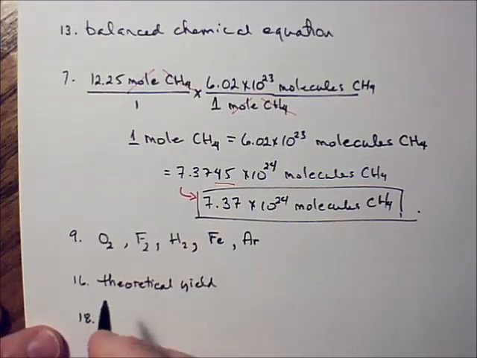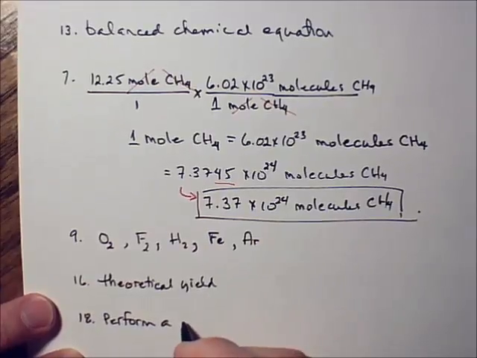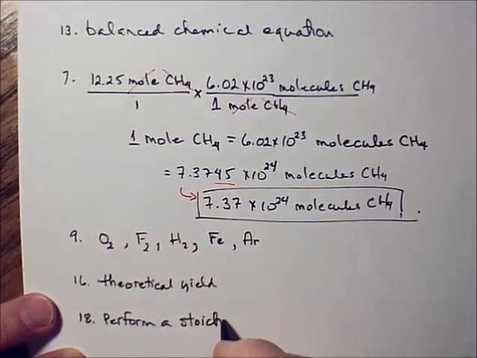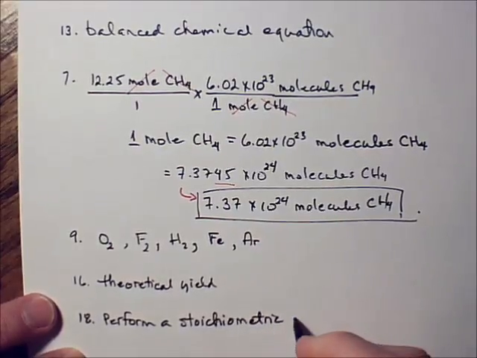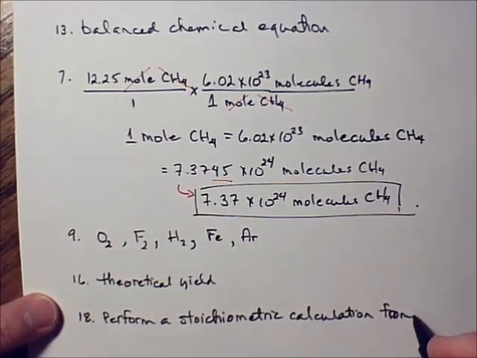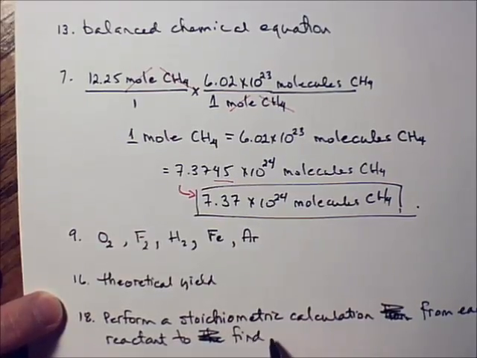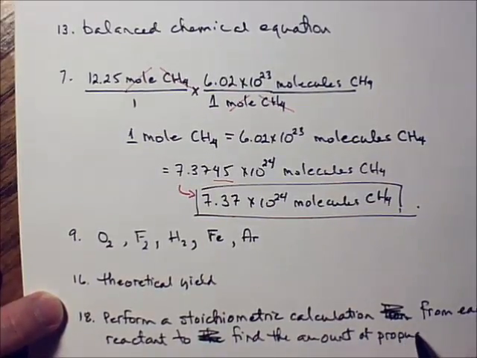Okay, the way that we do it in here is, you just perform a stoichiometric calculation from each reactant to find the amount of product you're seeking.